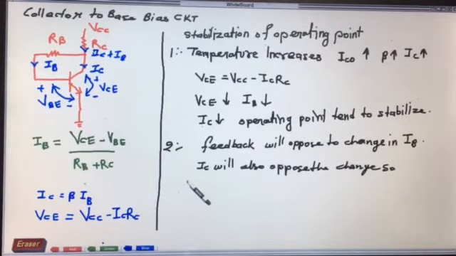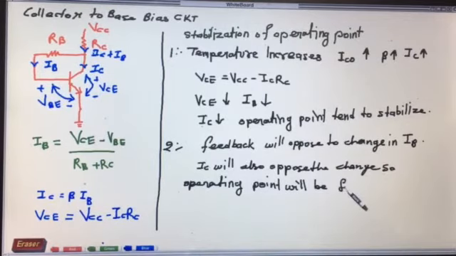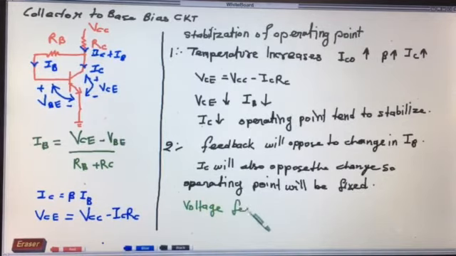So the operating point will be fixed. Due to this feedback, this is also known as voltage feedback bias circuit.